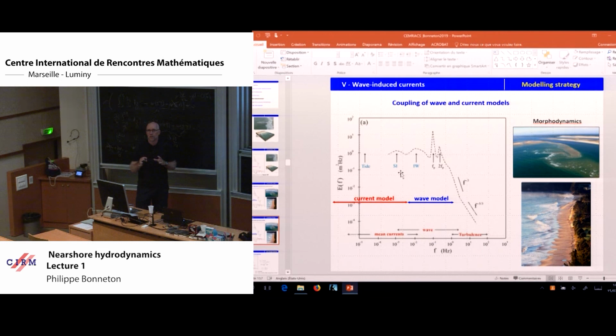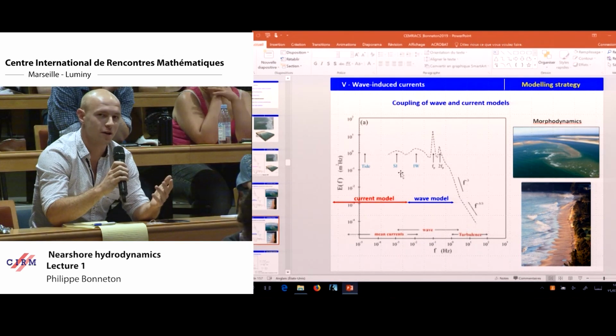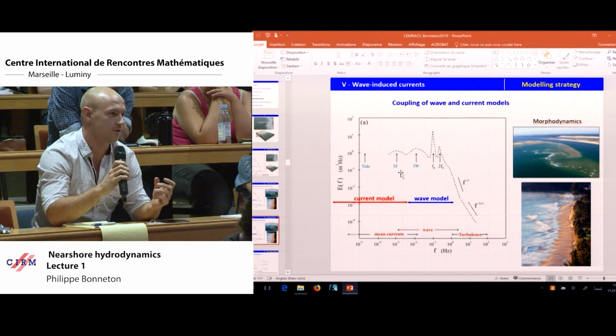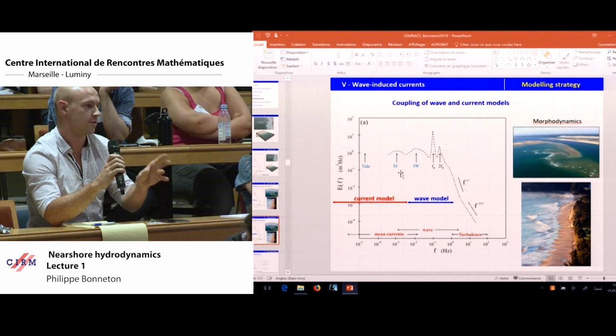And the mechanisms are fundamentally different in the sea and near the shore.